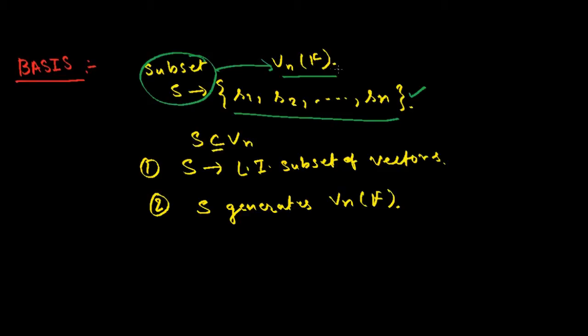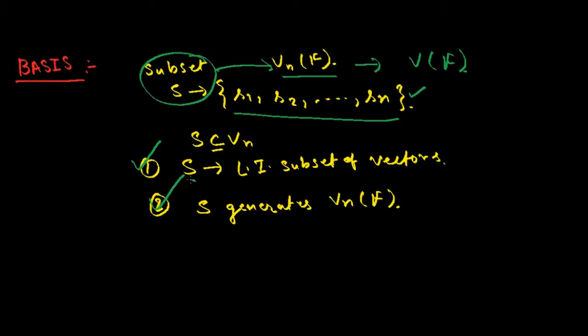But sometimes there can be a situation when we don't know the dimension of our vector space. So in that scenario we can say that it is a subset of the vector space, and it satisfies the following two conditions.